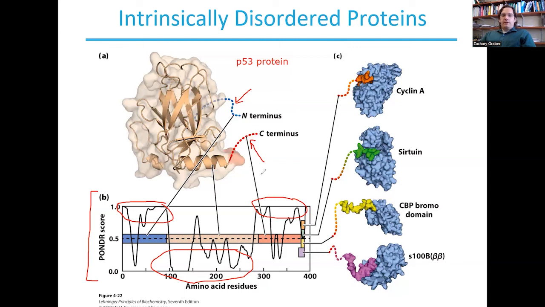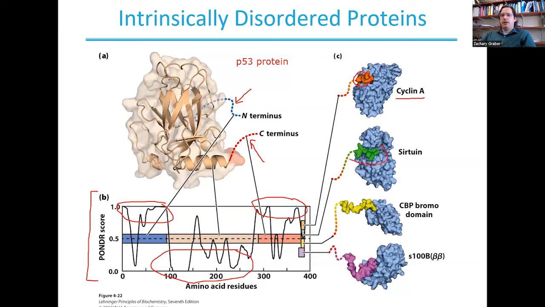Now, in this case, our C-terminus actually uses this disorder to interact with multiple different proteins. When we add different protein targets, the structure of the C-terminus will actually change in order to help it bind to that particular target, right? Notice it adopts one shape when it binds to this cyclin A protein.